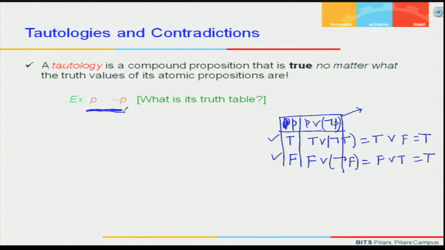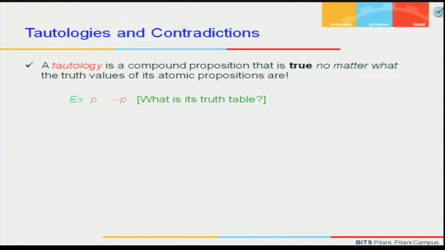Hence this is a tautology. You understood? For whatever values the constituent atomic propositions take, the compound proposition should always return true. Then we say that particular compound statement is a tautology.